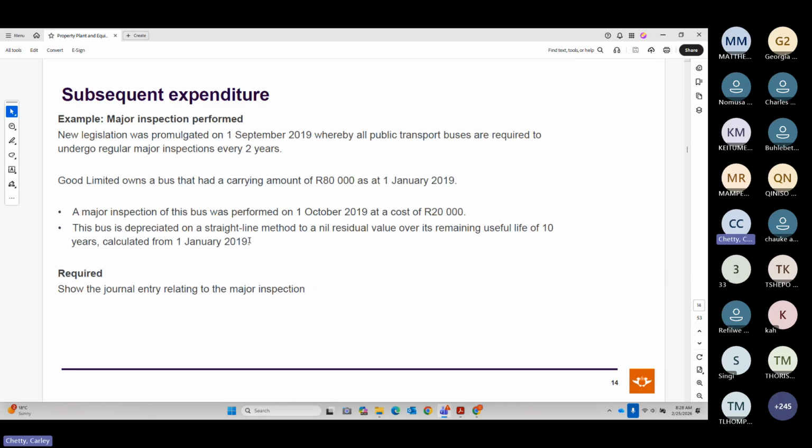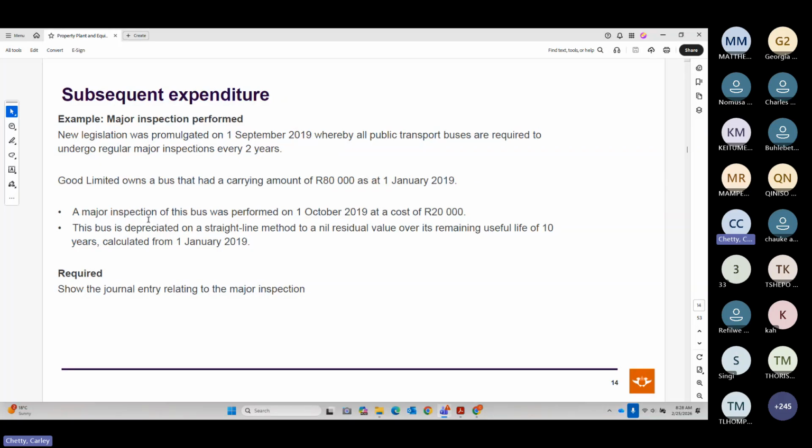So let's have a look at an example of a major inspection performed. New legislation was promulgated on 1 September 2019, whereby all public transport buses are required to undergo a regular major inspection every 2 years. Good Limited owns a bus that has a carrying amount of 80,000 as at 1 Jan 2019.